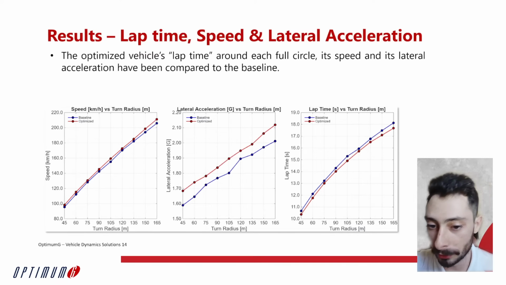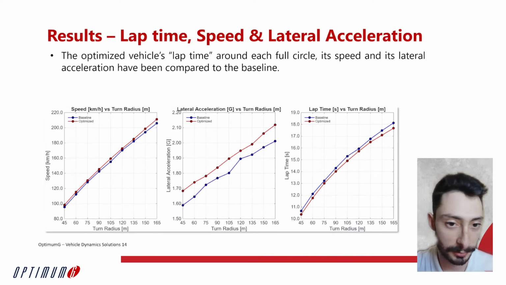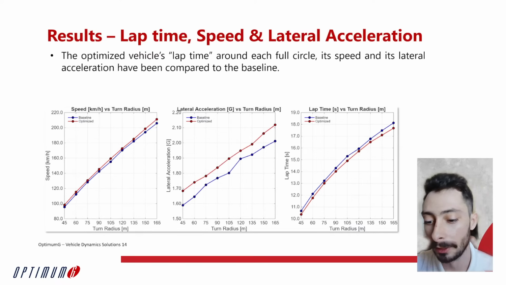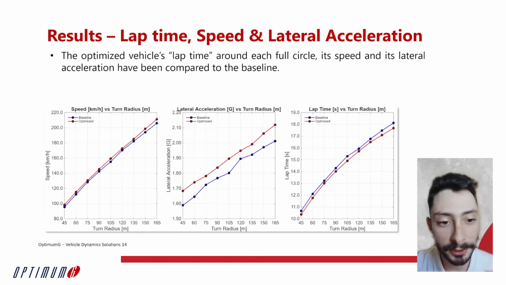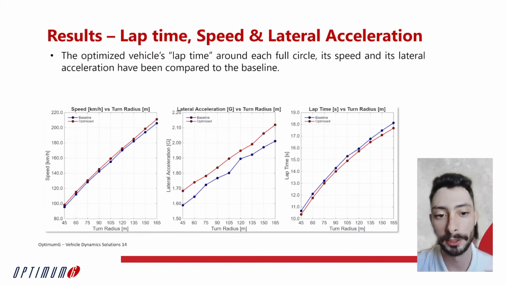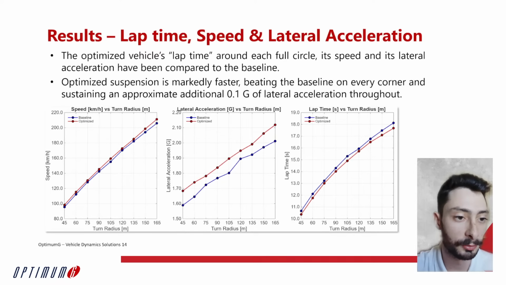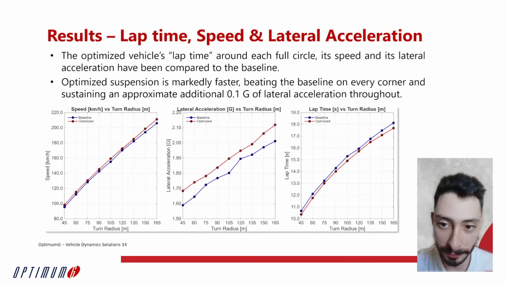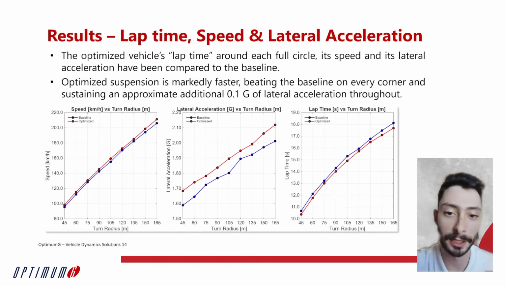Of course, on a real track, your car will not take 360 degrees in the same corner, but the percentage of improvement will be the same, whether you're only talking about the apex performance or a full 360 degrees. And we can very clearly see, as I showed you before, that the optimized car is markedly faster. It has a consistent speed advantage and a consistent lateral acceleration advantage compared to the non-optimized car.